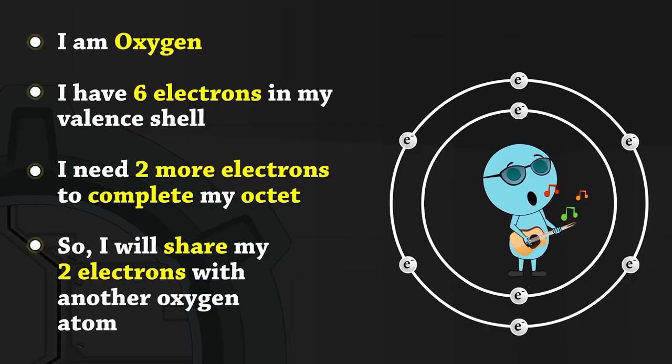Octet. So to complete its octet, oxygen will share 2 of its electrons with another oxygen atom. And once you finish page 43, we can flip to page 44.